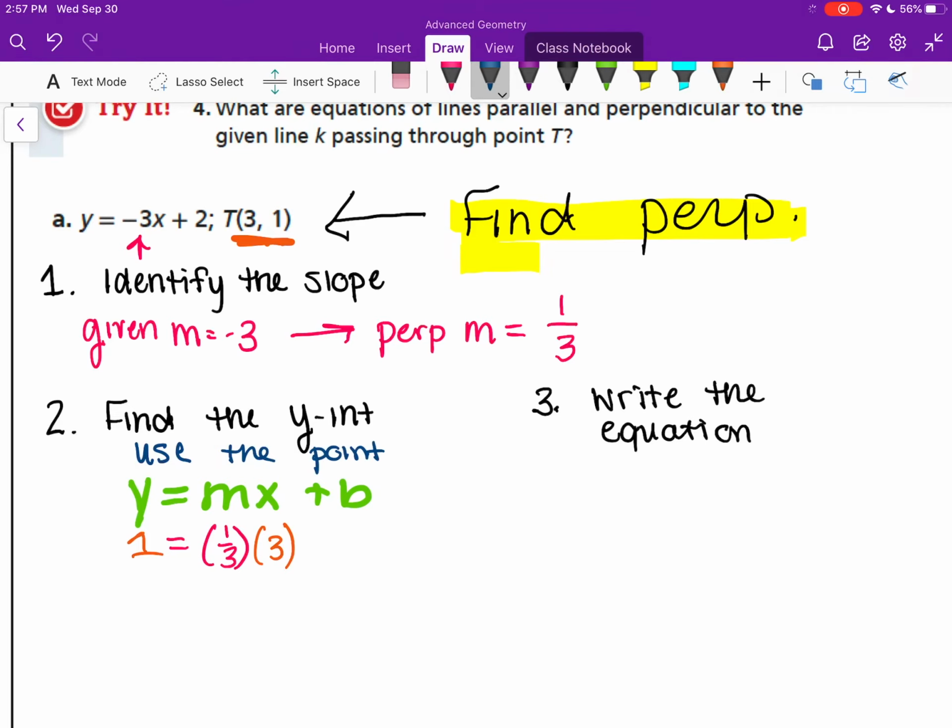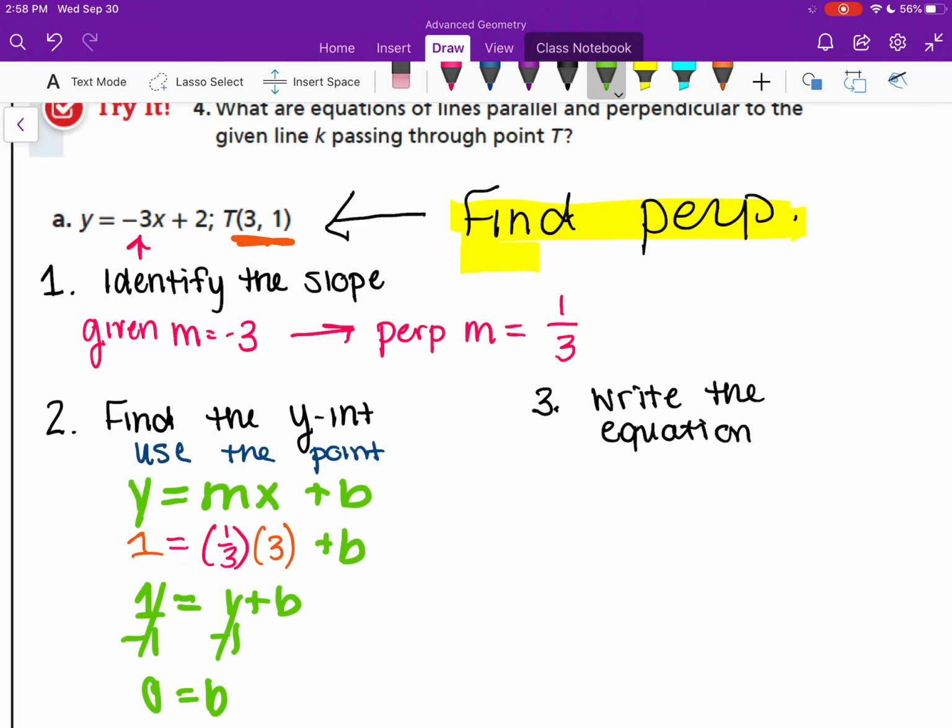And I still have that plus b, because that's what I actually want to find, the y-intercept. So I'll have 1 equals 1/3 times 3, which is 1, plus b. Subtract 1 from both sides. It just so happens those both have to be 0. So my y-intercept is actually 0, which means it's at the origin.